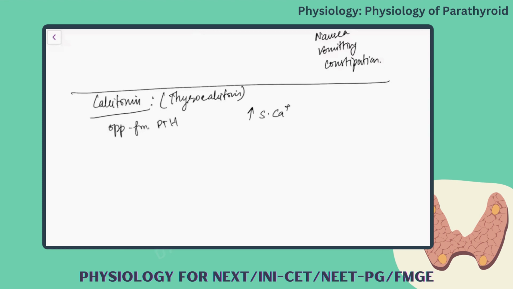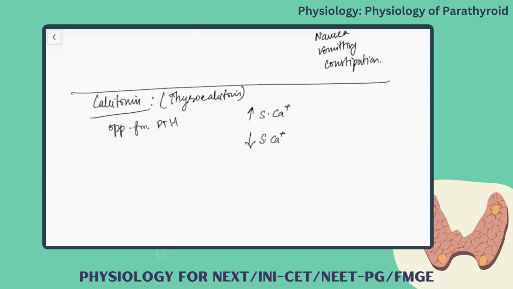Calcitonin's function is to decrease the serum calcium level. In the sense, it will store the calcium in its stores: deposition of calcium in the bones. And it prevents the loss of calcium through the urine, and it prevents renal stone formation. Okay, so whatever you have seen in parathyroid hormone excess, the normal function of parathyroid hormone is the opposite of the normal function of calcitonin.